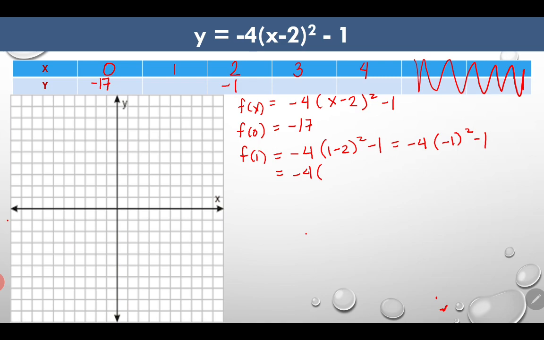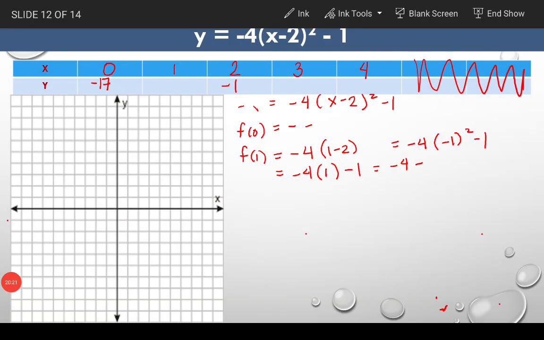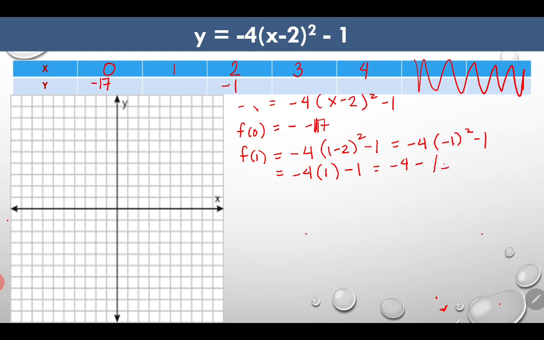Square the number first. So, negative 1 times negative 1 is positive 1. Minus 1. Negative 4 times 1 is negative 4. So, minus 1 is equal to negative 5.